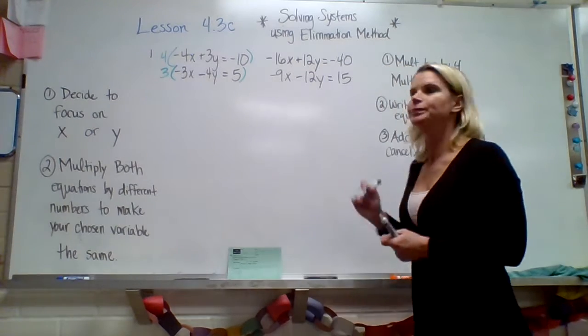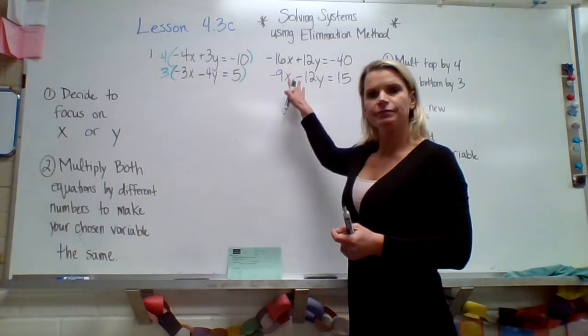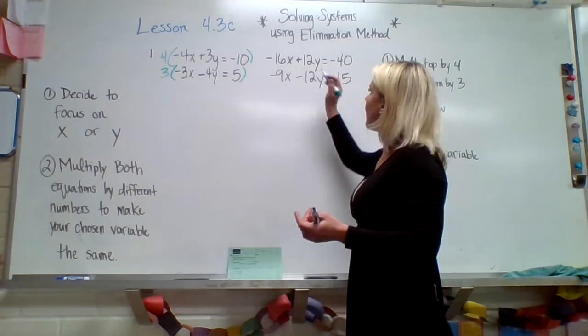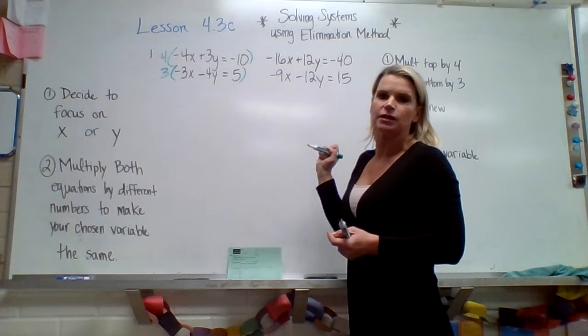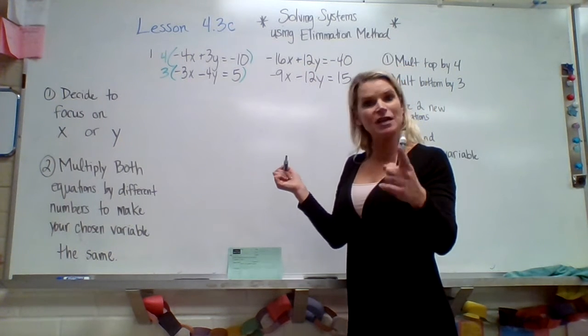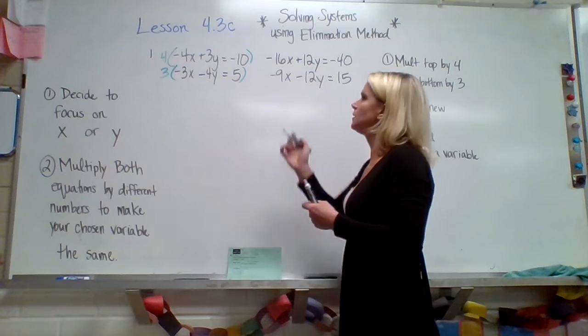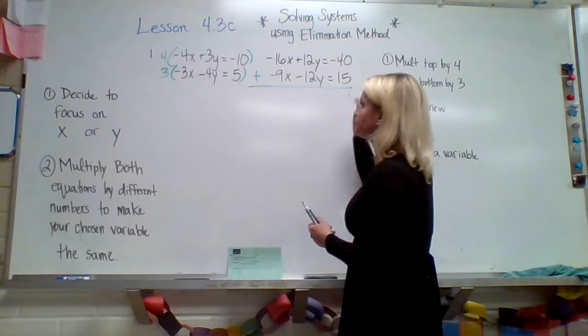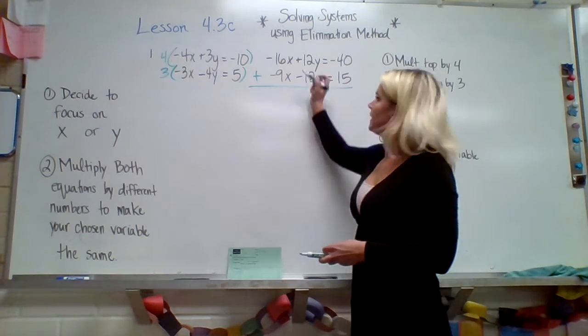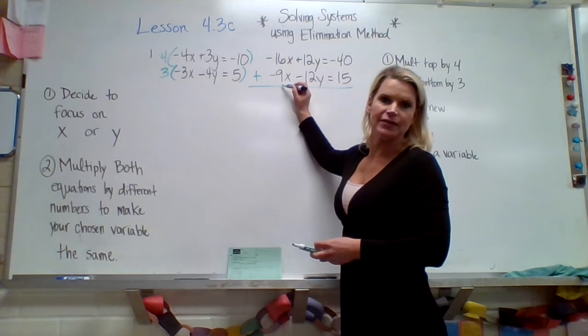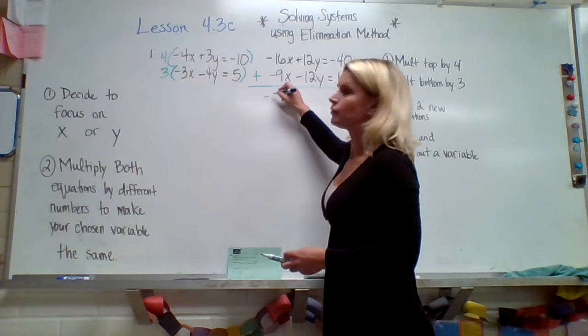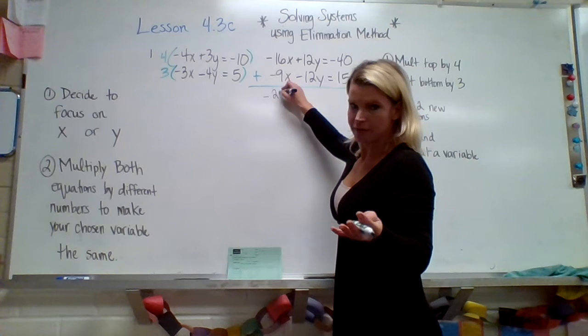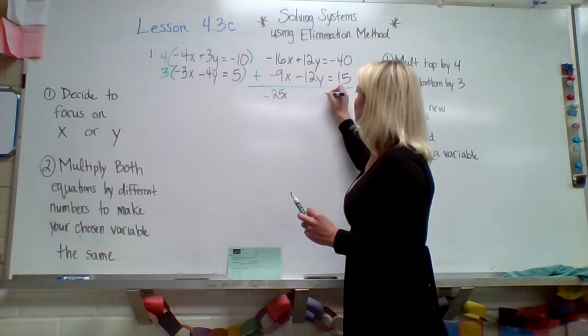All right. So you multiplied using the distributive property, and I got my top equation and bottom equation. Now my y's are both the same. My y's are also opposite signs. So now I can add, so negative 16 plus negative 9. Negative 25x, yes.